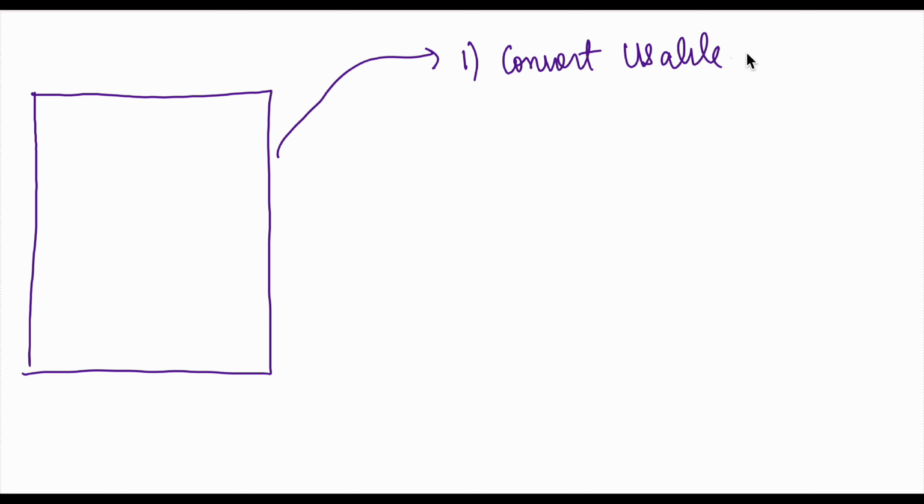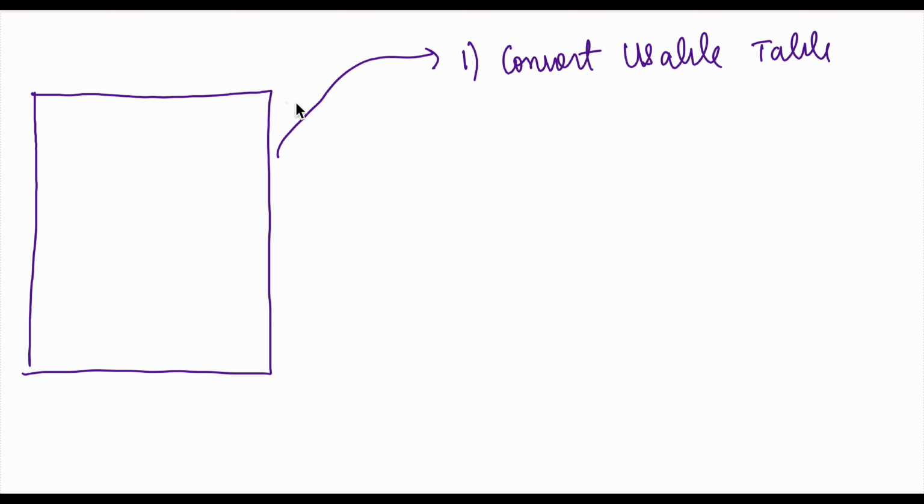So in this particular question, you were given a table with some variables. Your first task was to convert this particular table into a usable table. What do you mean by convert into a usable table? To add the various variables that they have asked.